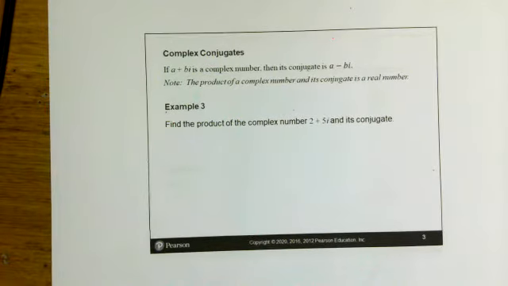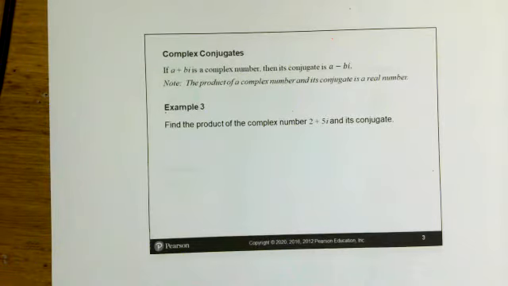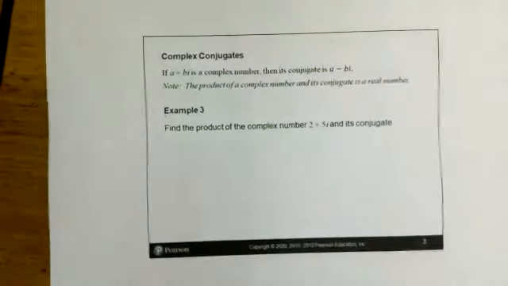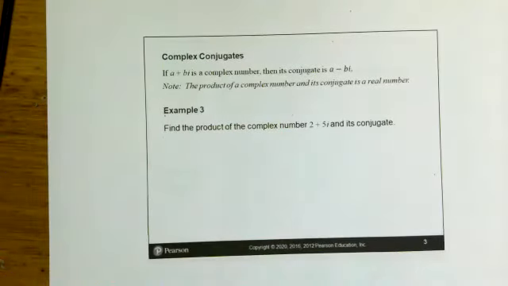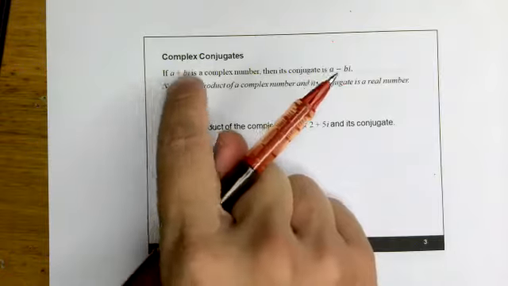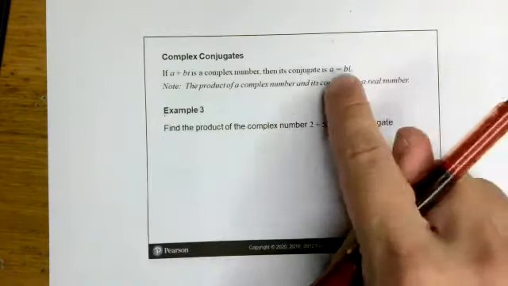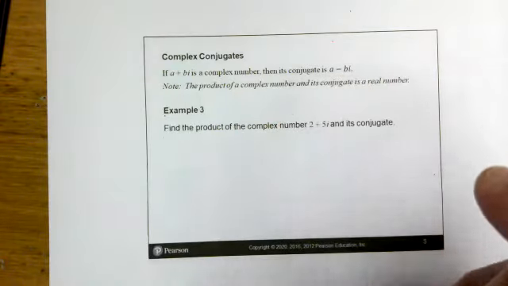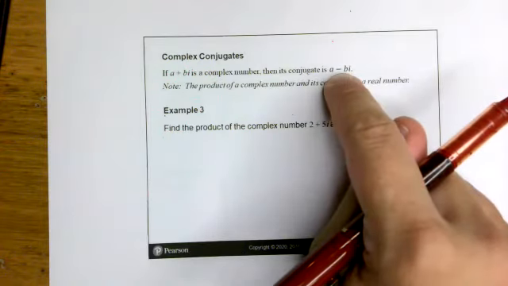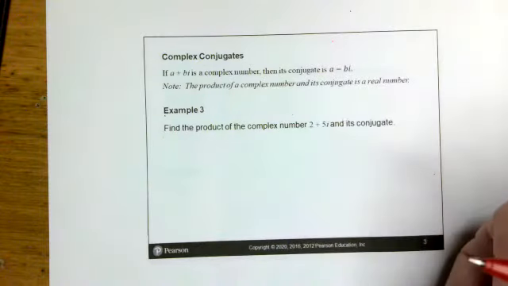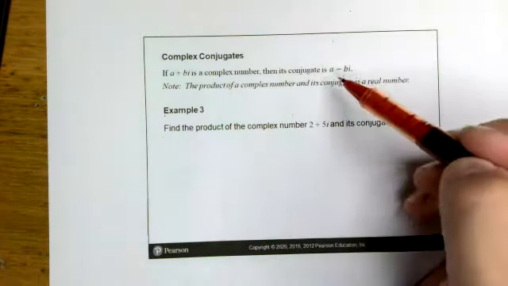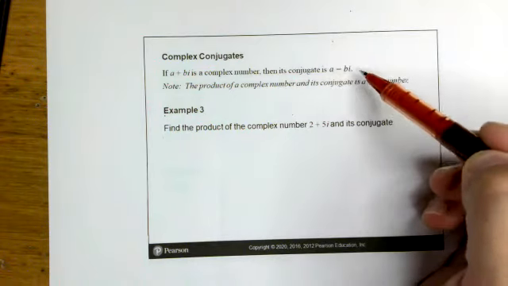A conjugate is the same binomial with the opposite sign between the two terms. A binomial has two different terms. The conjugate of a binomial is just the same binomial, but we change the sign between the first and second term.